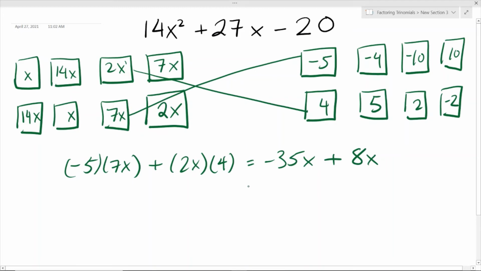Now if you combine this, you will get -27x, okay? And this does not match up with 27x. It does not match up with this, so we cannot use this box and this box together.